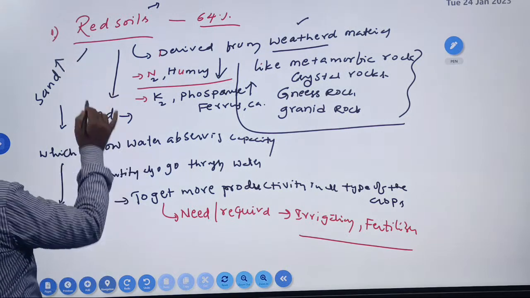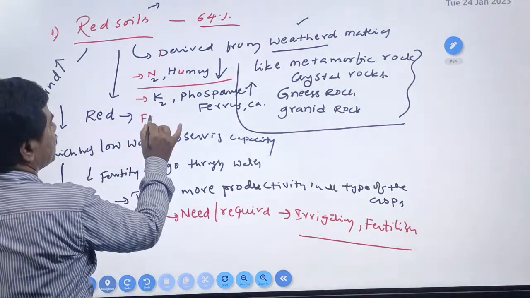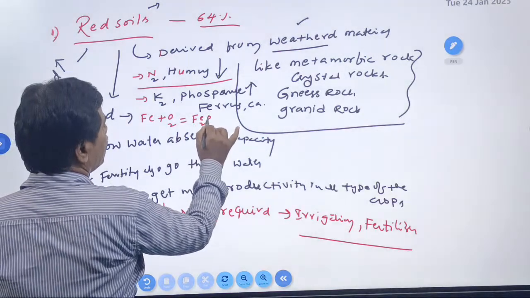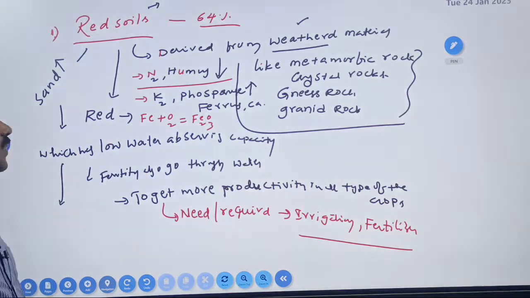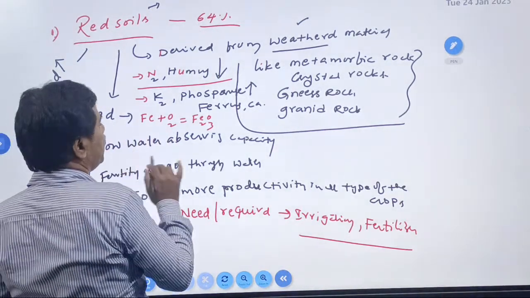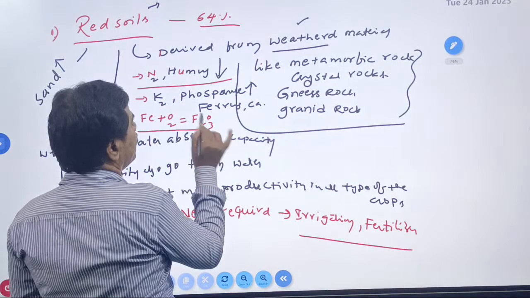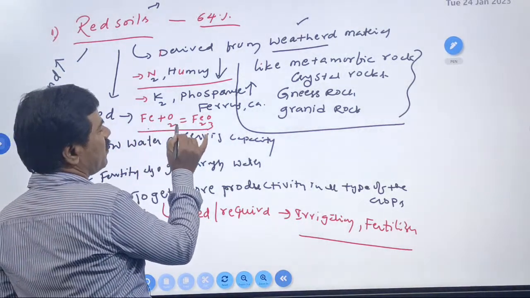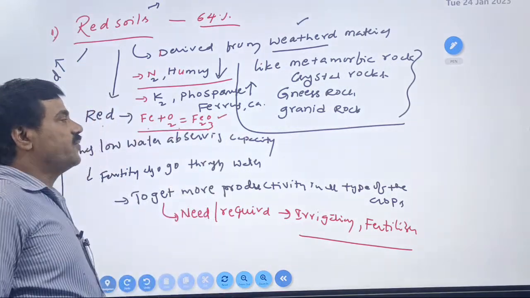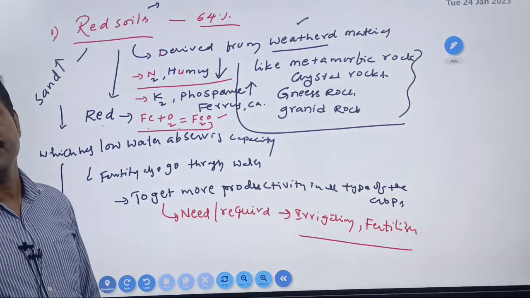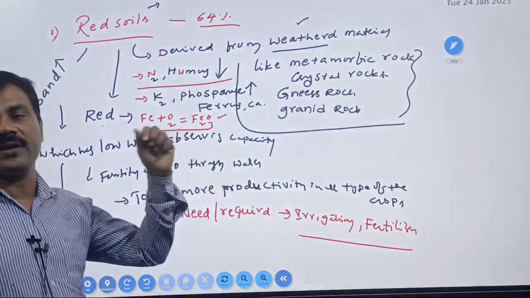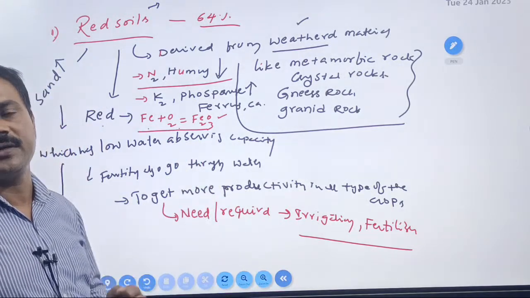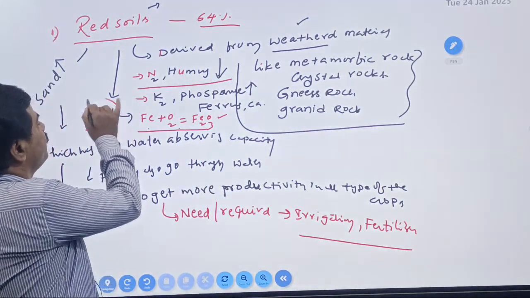Red soil has a red color due to ferrous plus oxygen, which combine to form ferrous oxide. The red color is decided by this ferrous oxygen combination. Ferrous oxide in any soil gives that red color to the soil.